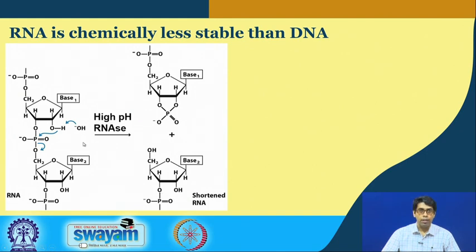The same reaction can also be catalyzed by enzymes like RNase. There are different types of RNase, and we can use some of these enzymes to selectively degrade the RNA molecules present in our solution without degrading the DNA. This is something that we are going to exploit when we purify our plasmid DNA.